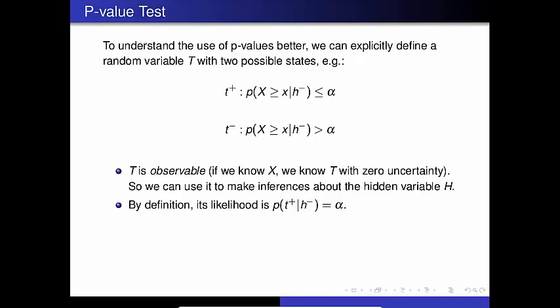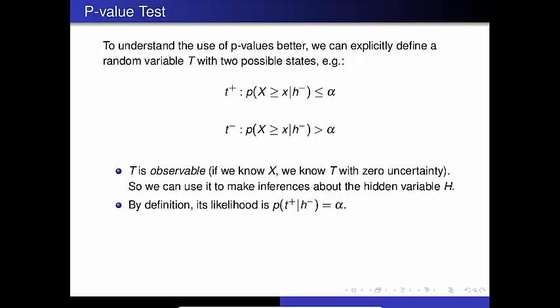Okay? On the other hand, if our p-value is not less than or equal to alpha, then we call this a test result t minus. In other words, it's consistent, or at least not incompatible, with H minus. It is not rejecting H minus. Okay?